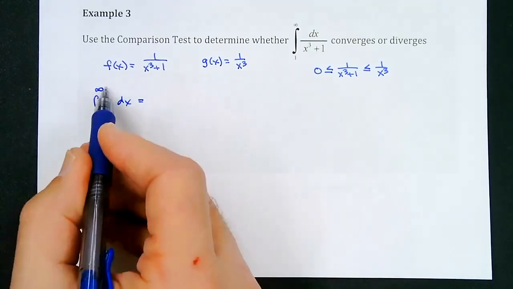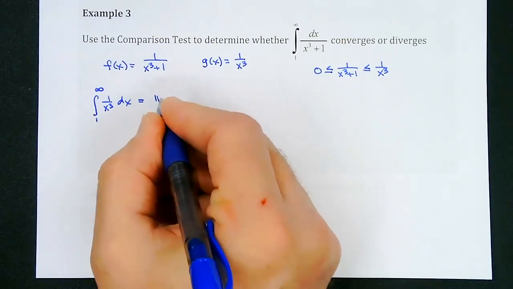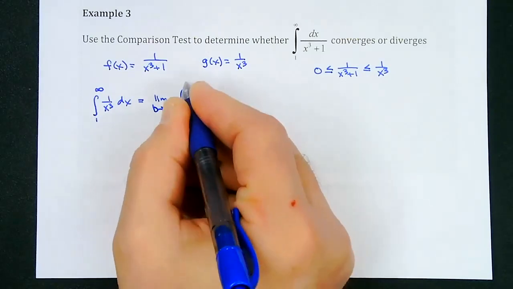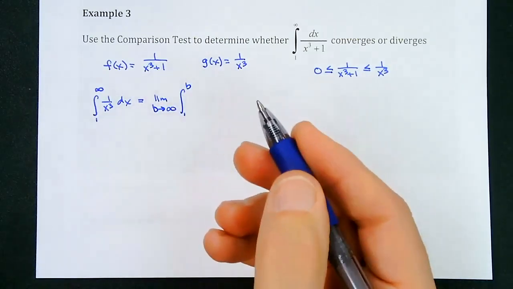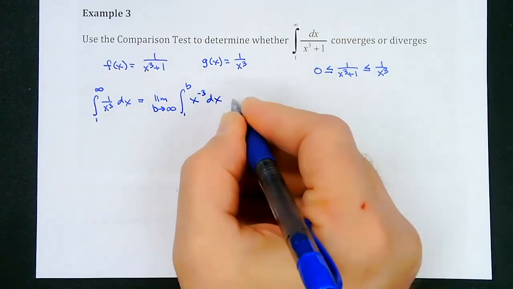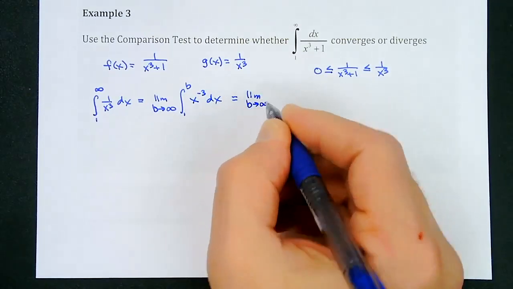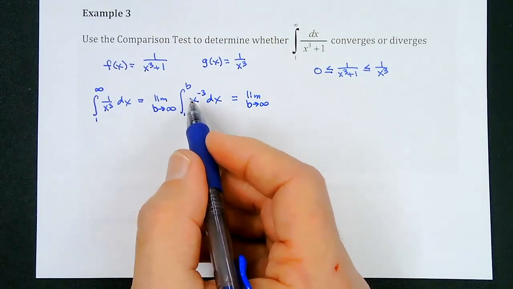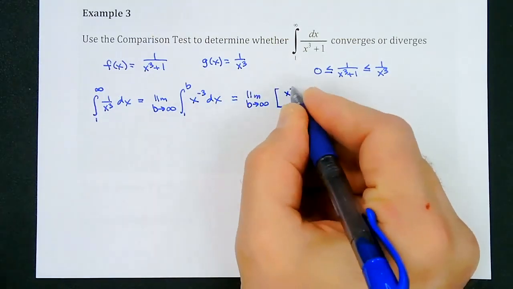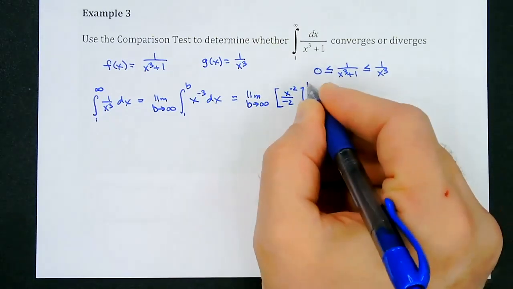This is day 1 of improper integrals, so we have to change this to the limit as b goes to infinity of the integral from 1 to b of x to the negative 3 dx. This is the limit as b approaches infinity of x to the negative 2 divided by negative 2, evaluated from 1 to b.